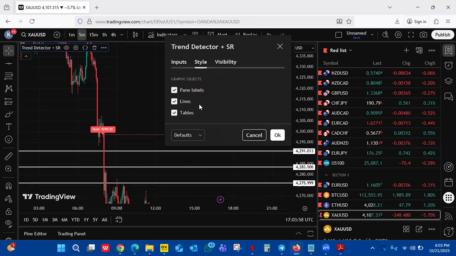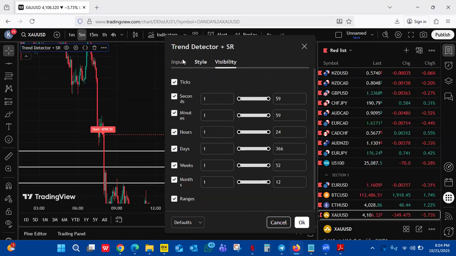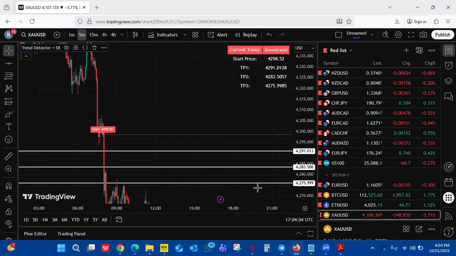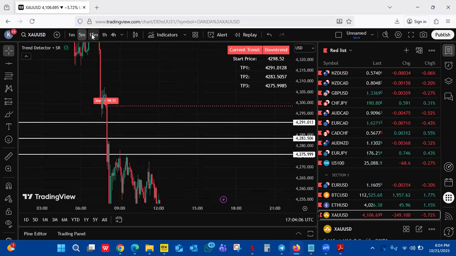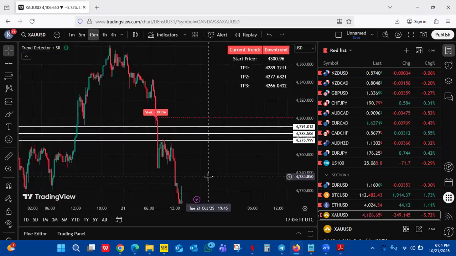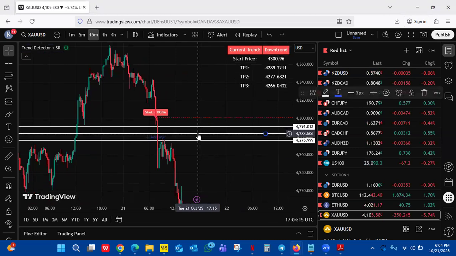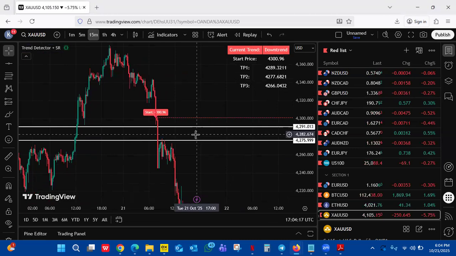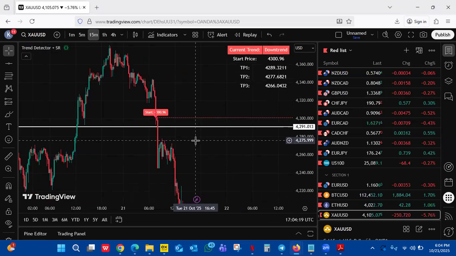If we go over to this tab, you can see the visibility, from seconds down towards months. If I go over to the 15 minute chart, you get to know that the 15 minute take profits are not the same as those of the 5 minute.